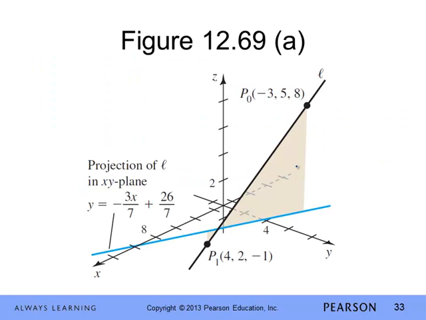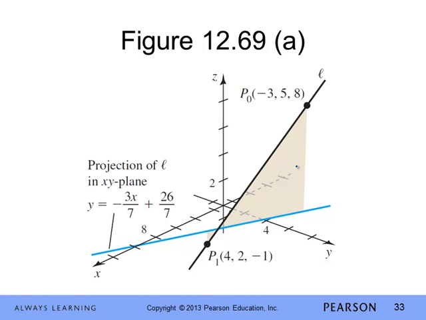All right, so the black line here is that line that we just found the equation for. Now, if you wanted to find that portion of the line that's projected on the XY plane, that's the blue one, by setting the z component equal to 0, and then eliminating the t parameter from the x and y components and solving for y.